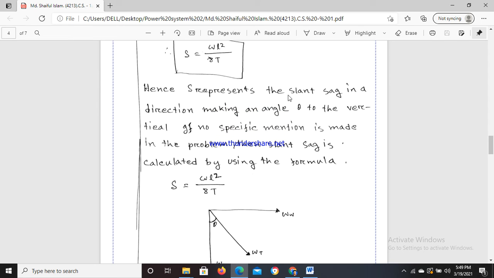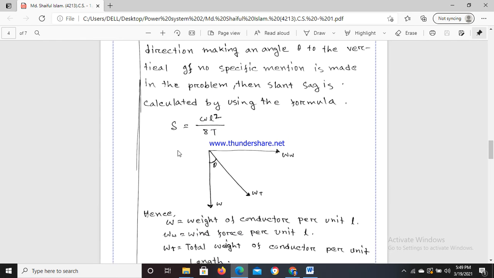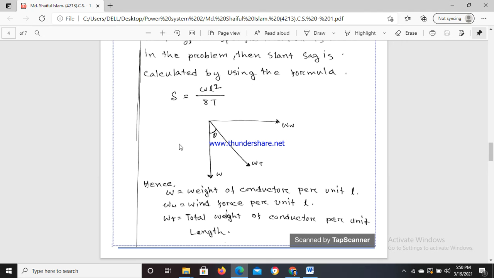Hence, this represents the slant sag in a direction making an angle theta to the vertical. If no specific mention is made in the problem, then the sag is calculated by using the formula S equal to wL square by 8T.